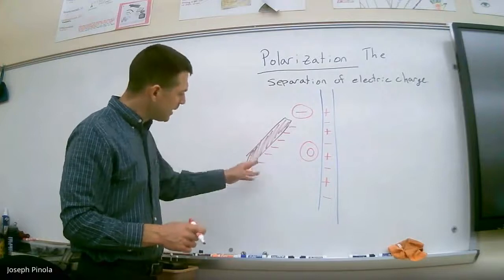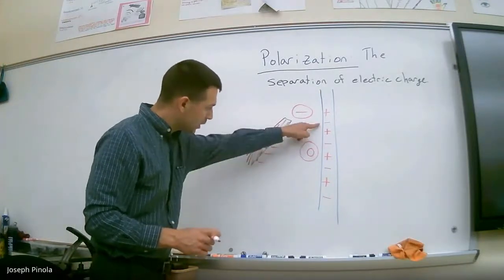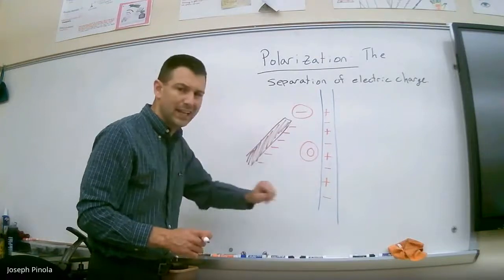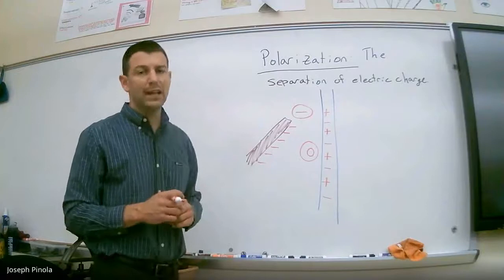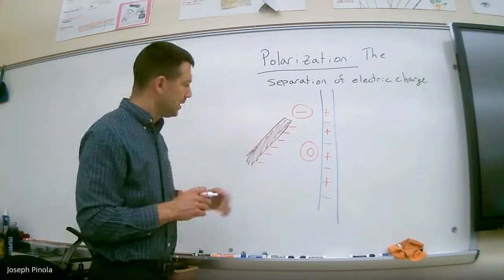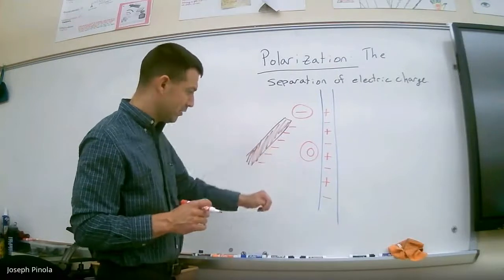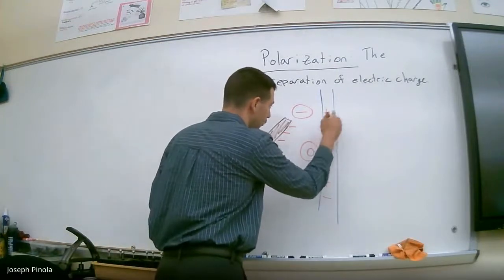Well, when we bring the negatively charged rod nearby, let's focus on the little negatives, the little electrons inside the water. Remember, like charges, or the same charges, will repel. So if I bring negative charges near the water, the negative charges in the water will want to move far away.